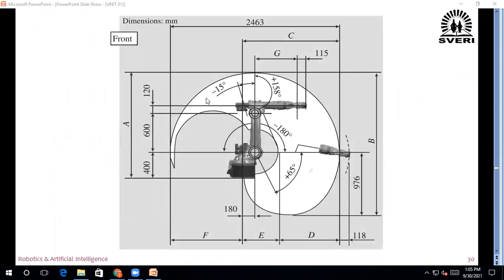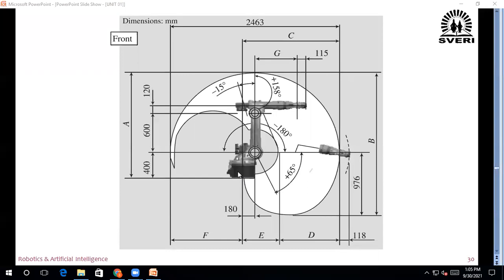Now this is the front view of a typical robot. In this diagram, the different dimensions, that is horizontal and vertical dimensions of the robot, have been shown. Now this is the base of the robot. Maybe the robot is standing or it is kept on the floor.